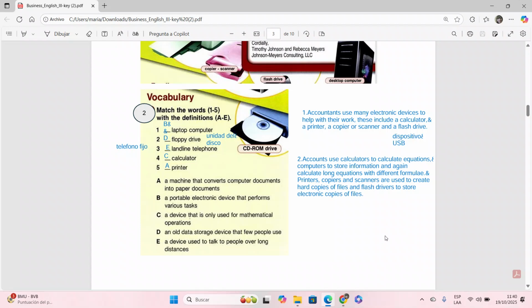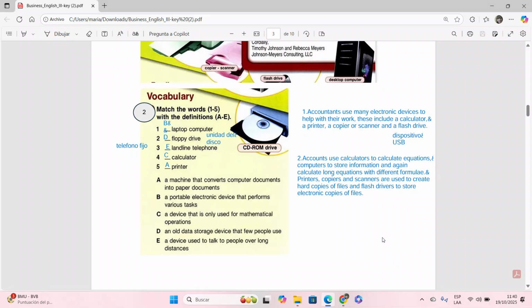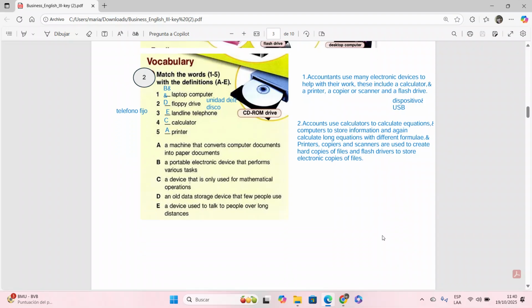E. A device used to talk to people over long distances: landline telephone. 4. C. A device that is only used for mathematical operations: calculator. 5. A. A machine that converts computer documents into paper documents: a printer.